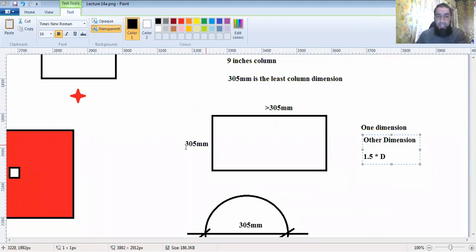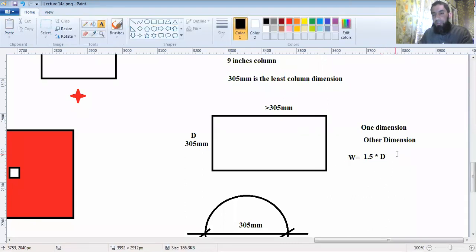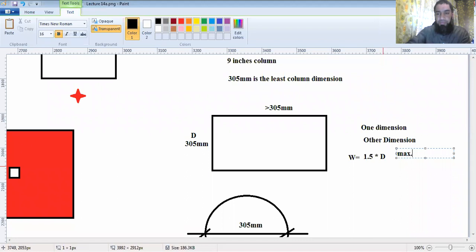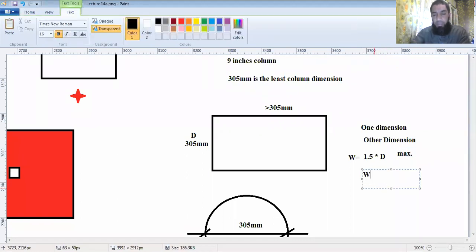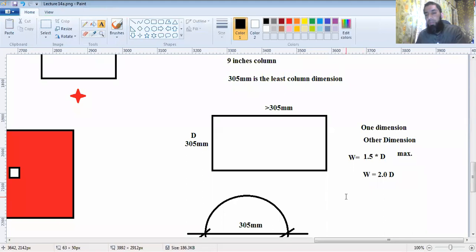Now, if this is D, then your W is maximum 1.5 D. And I have seen people going till 2 times D as well, but it's not a preferred thing to do.